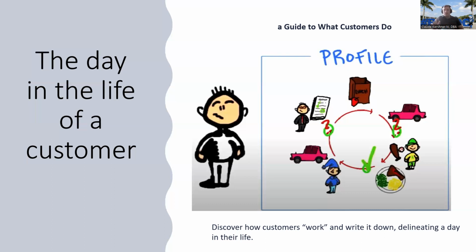If you look at this day in the life of a customer or customer archetype that you create, it's a lot easier to understand where or how you can start influencing them or affecting them to purchase your product or service. So discover how customers work, write it down, delineating a day in the life of a customer.